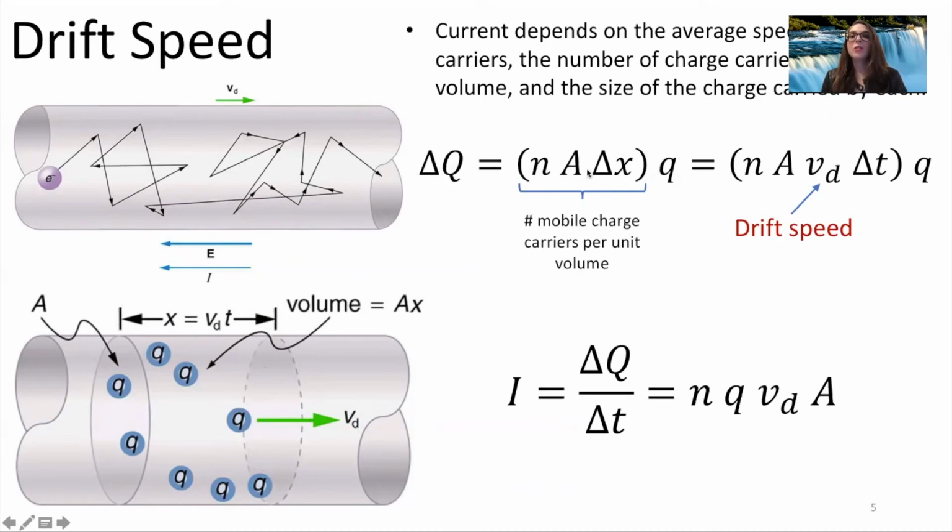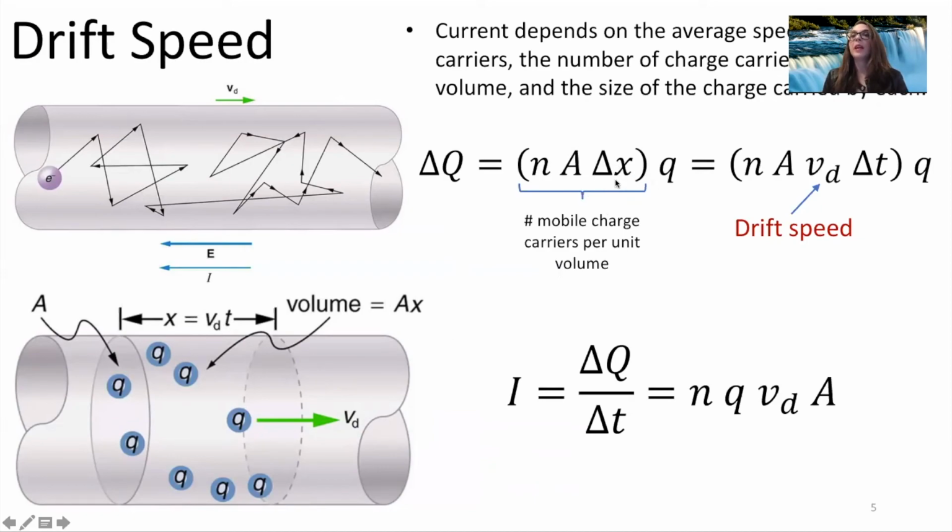And we remember that our change in distance is equal to some velocity times time. And so we can replace our delta x here with a drift speed or drift velocity times time, since x is equal to v times t.